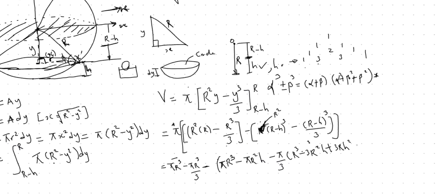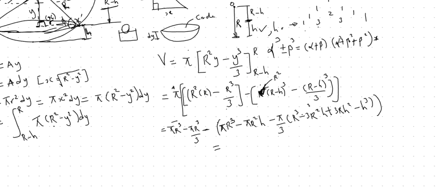Okay, so the 3 is for everything. So if I tidy up this equation now, I'm going to have pi r h squared minus pi h to the power of 3 over 3, which will be equal to, if I open this bracket here, some of these terms will cancel out.